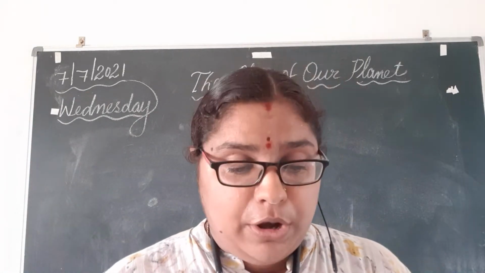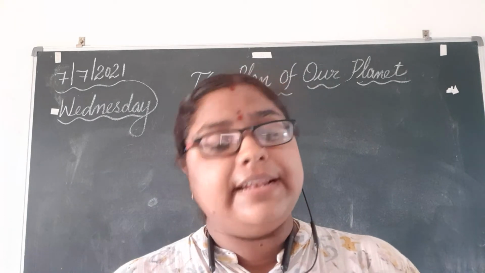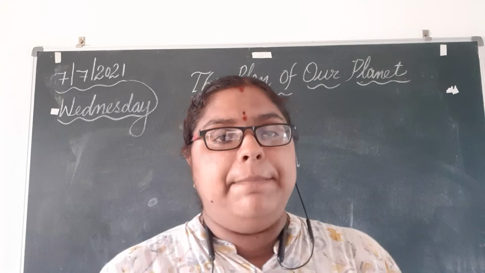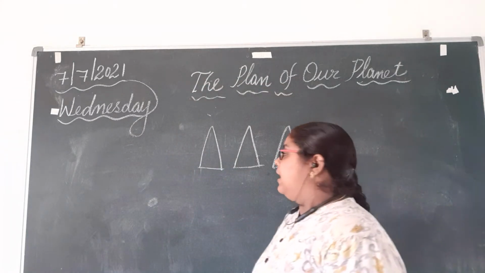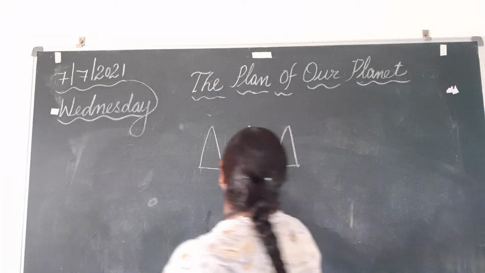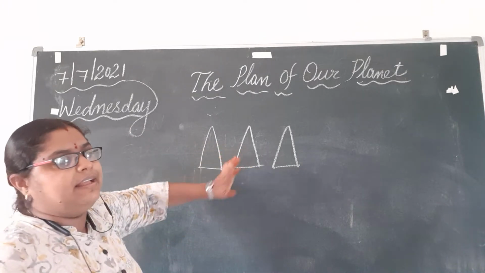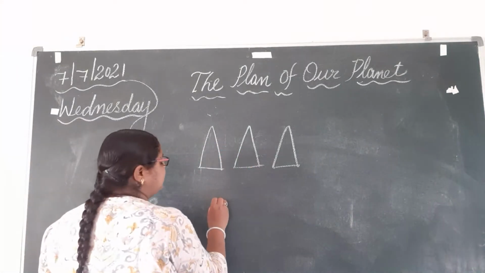Sometimes people may not understand the symbols and colors we use on a map. Okay, these are mountains. Now only I told you, so you can understand the triangle is a mountain. And what is this?